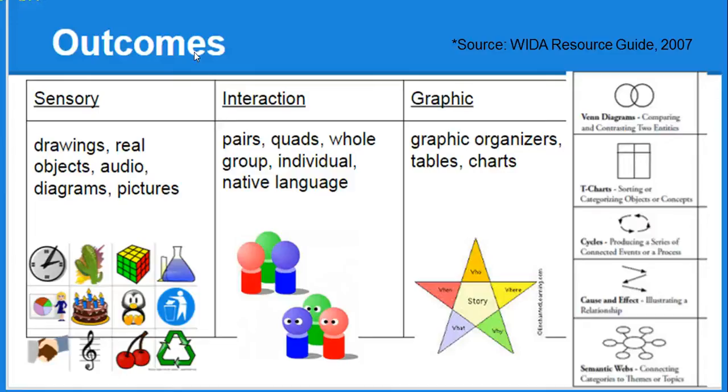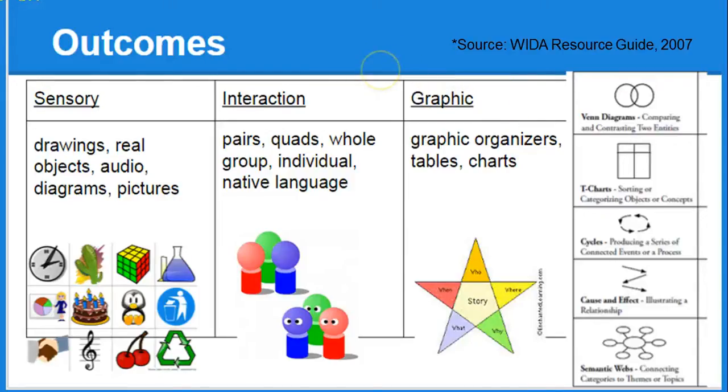So you'll see that there are varying levels of instructional support, varying by the kind of sensory scaffolding, by the type of interaction, whether the kids are working in pairs, in quads, in whole group, or individually, whether they're using some of their native language to understand the target language, especially at the beginning levels, and how much of the graphic input is being used to help them make sense of the information that they're working with.